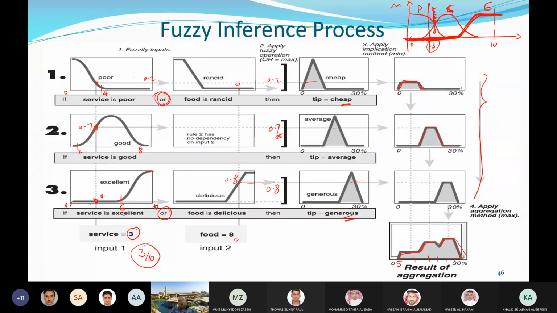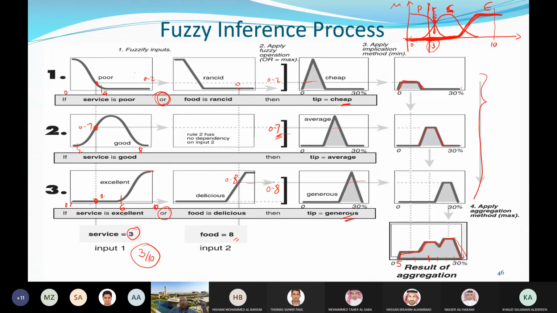And we give the 3 now by a random number? No. This is your evaluation to the surface. 3 is not a random number. You are in the restaurant, right? And you said, okay, I will evaluate the surface and the food quality, and I will give the tip based on this.